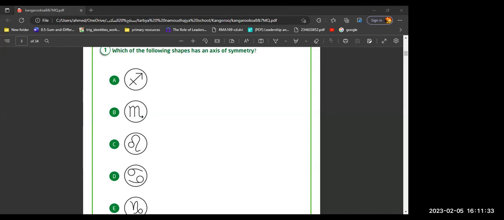Look, guys, suppose that this is an axis. Oh, let's use another one. Okay, this one is better. This is an axis. Let's go on.